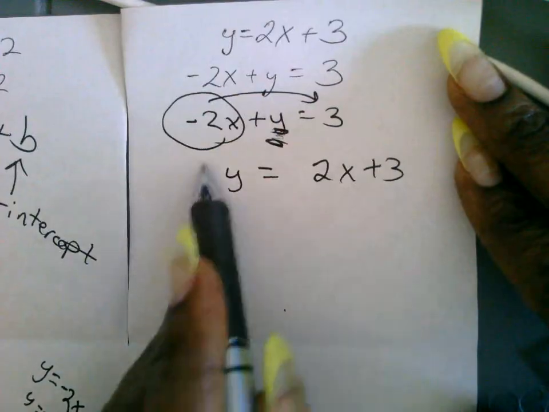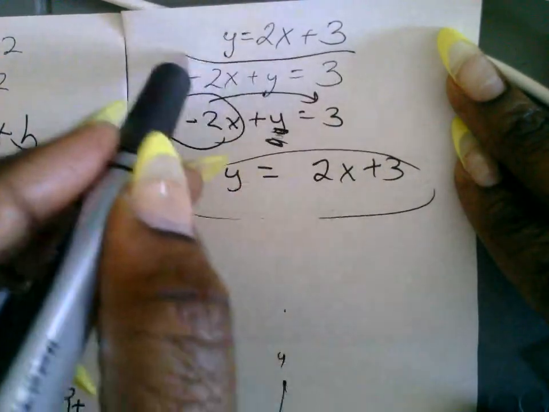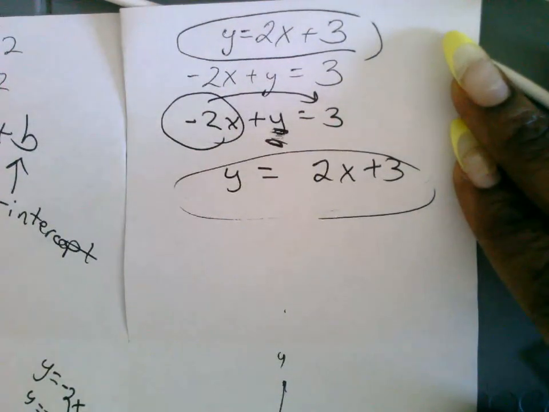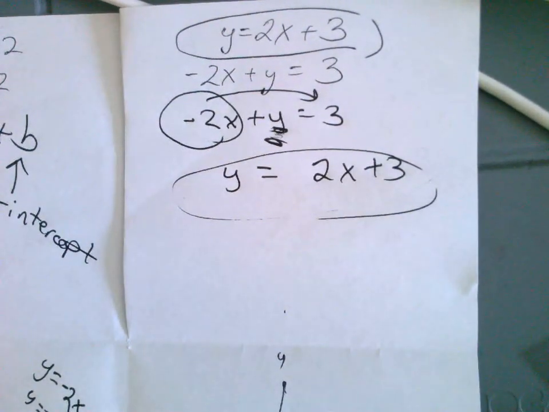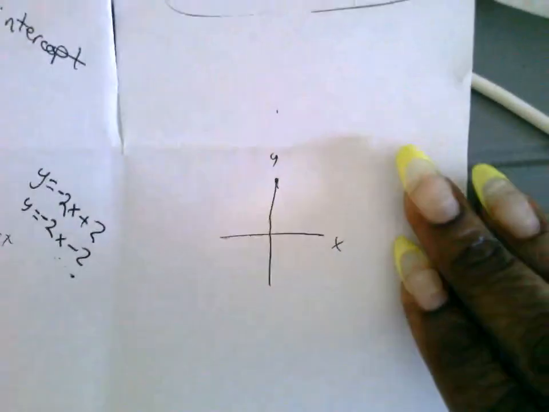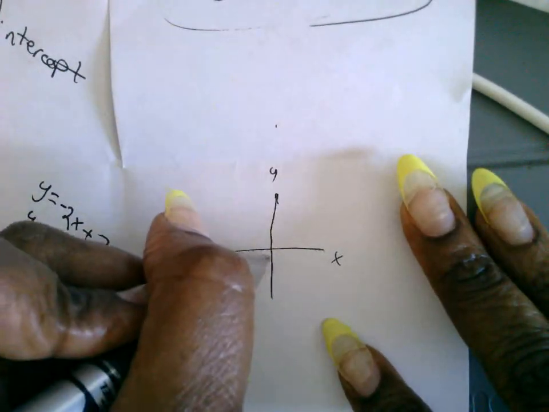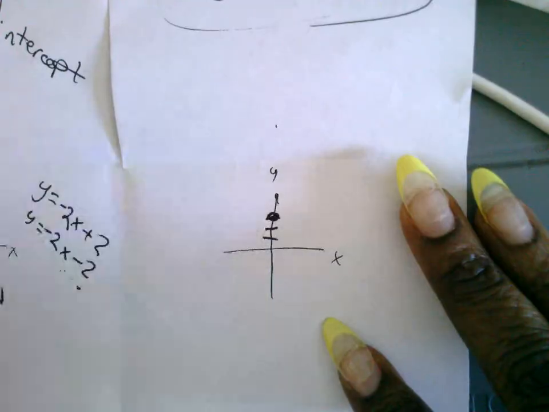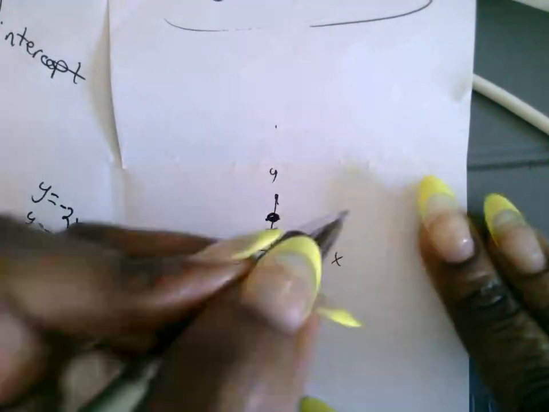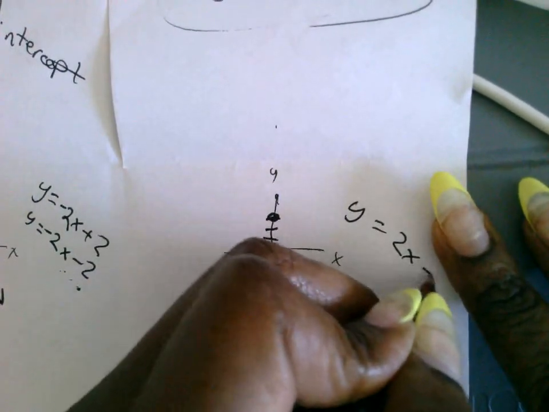So now this equation is the same as that equation. It's just written differently. That's why it'll be one line for the system. This one intersects at +3. Remember, it was y equals 2x plus 3.